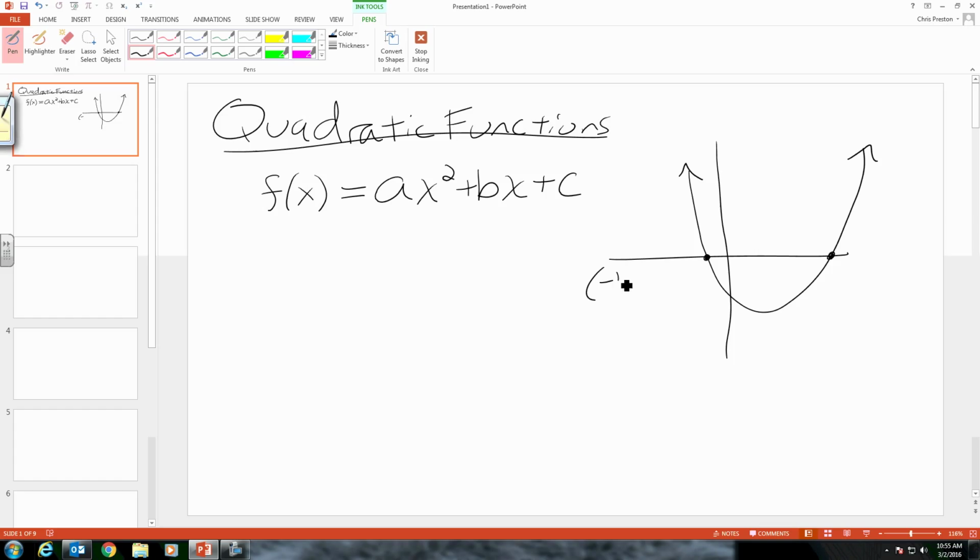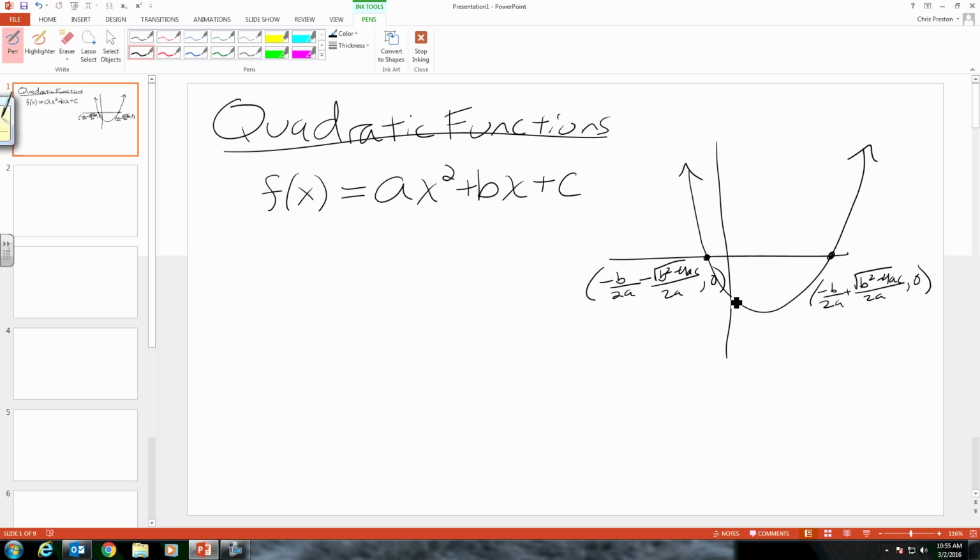So this one's going to be negative b over 2a minus the square root of b squared minus 4ac over 2a, comma 0. And this one's going to happen at negative b over 2a plus the square root of b squared minus 4ac over 2a, comma 0. I'm just separating those into separate fractions, and we'll see in a second why I'm doing that.